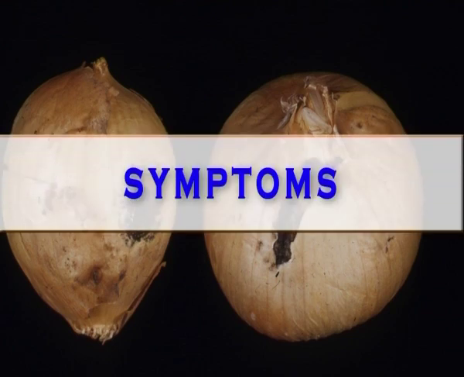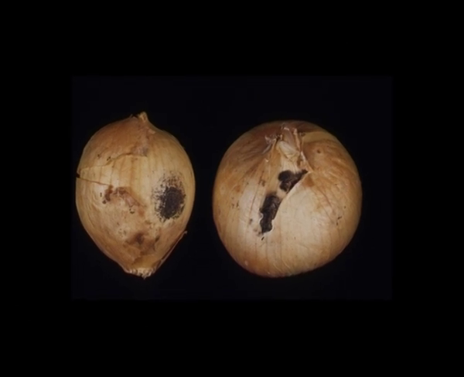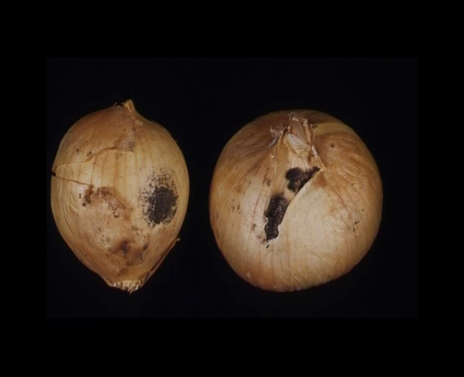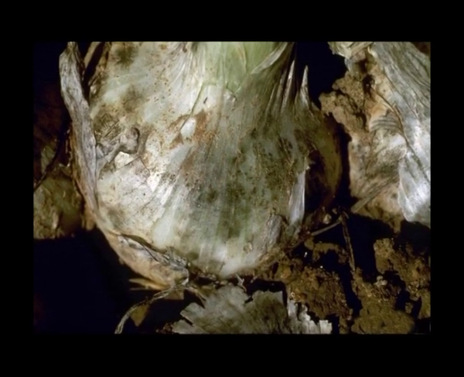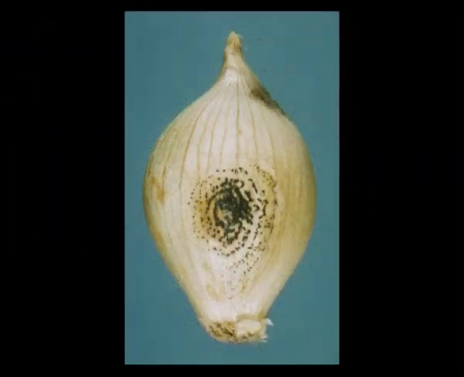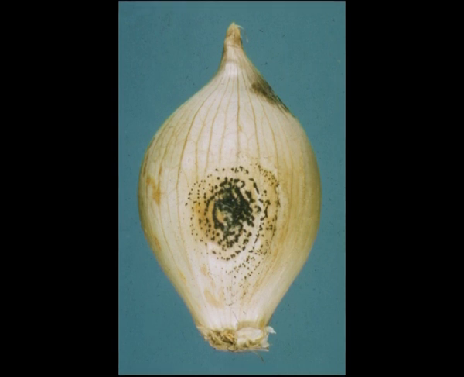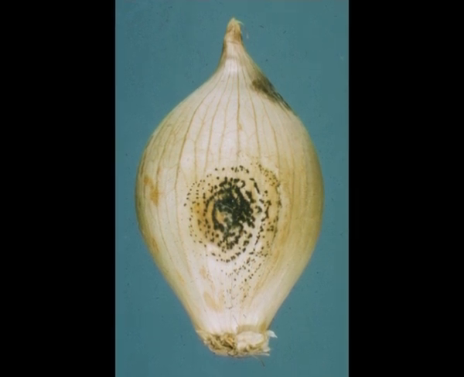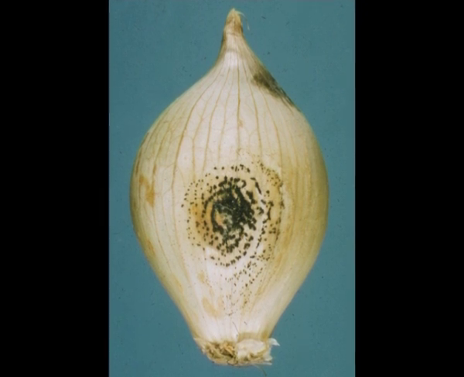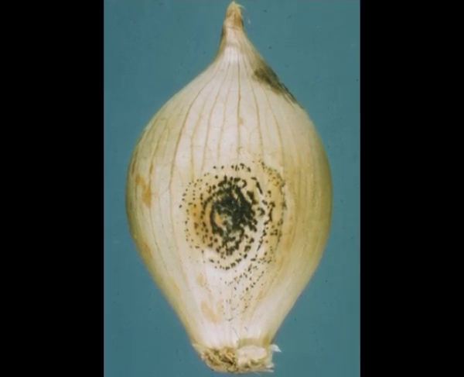Now let's see how the symptoms look. The disease occurs late in the season as the crop matures and continues to develop on bulbs in storage. The fruiting bodies of the fungus turn from dark green to black as they mature, and form concentric rings around the neck and on the surface of dry outer bulb scales.